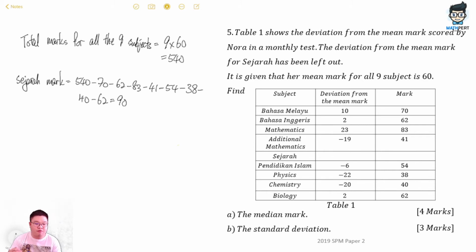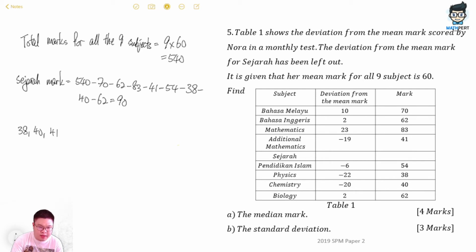Now that we have all the marks for all the 9 subjects, before we jump into finding the median mark, we need to rearrange into ascending order from the lowest mark to the highest mark. The lowest mark will be 38, Physics. After that will be 40. After 40 will be 41.